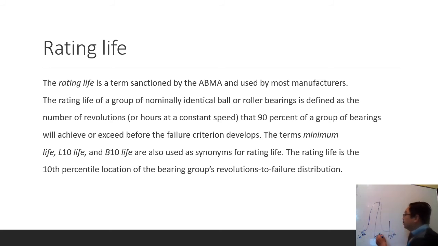If you are brave enough, at the 90 percentile you change, but over the 90 percentile you definitely have to change the bearing, which is very dangerous, going beyond this 90 percentile. We will learn about this later on.